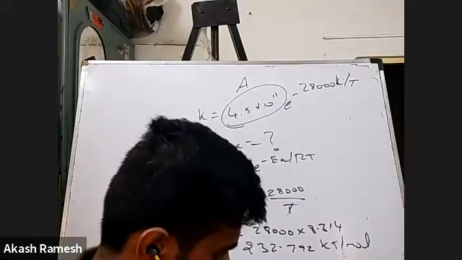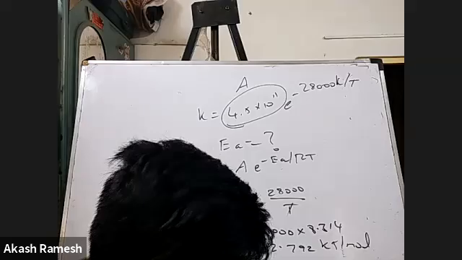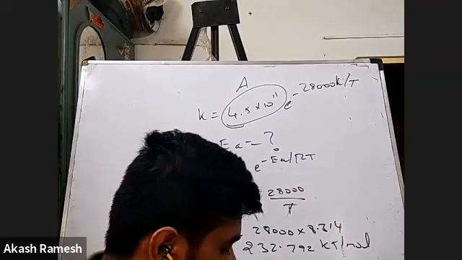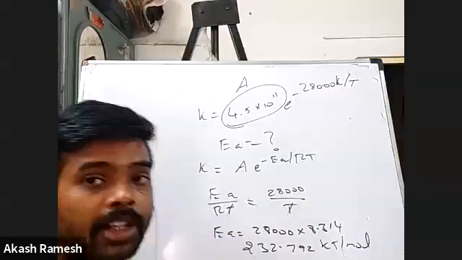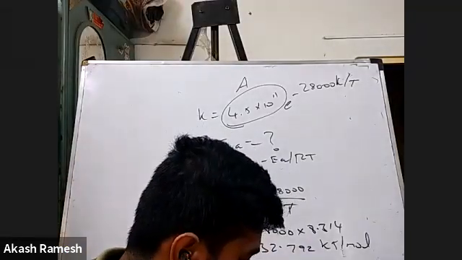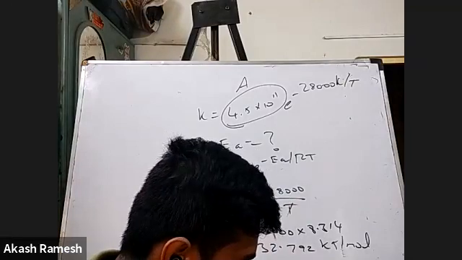Sir, could you repeat the question? Yeah, sure. For the reaction, the value of K is 4.5 into 10 to the power 3 per second at 10 degrees Celsius, and the activation energy is 60 kilojoules per mole.